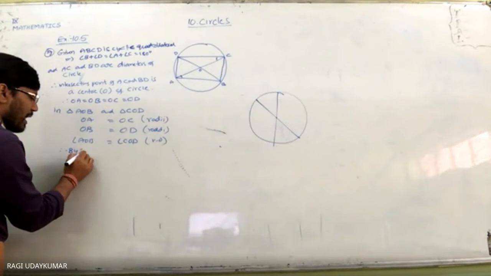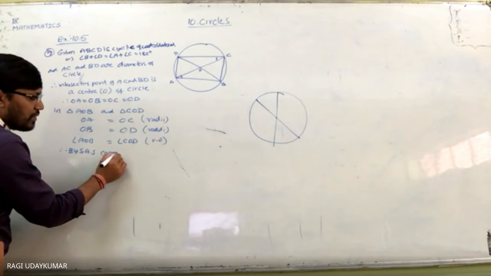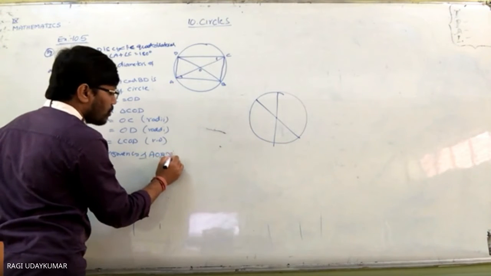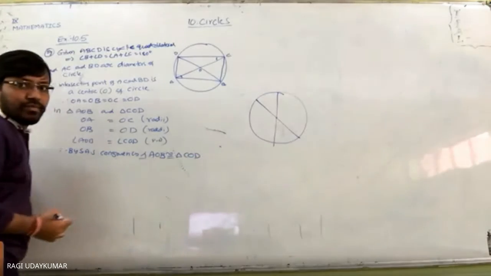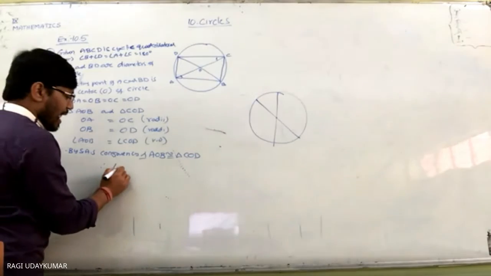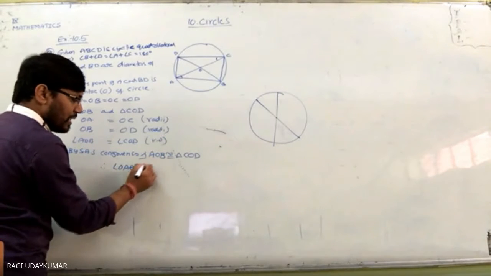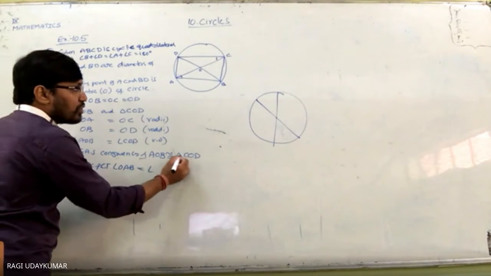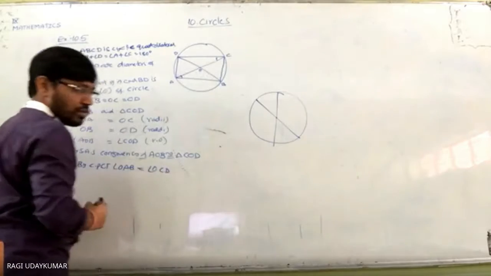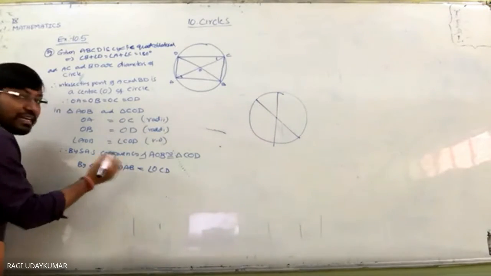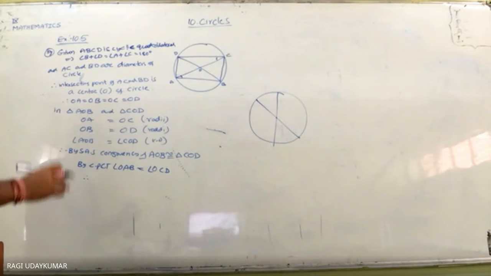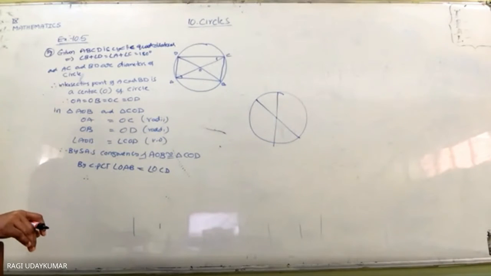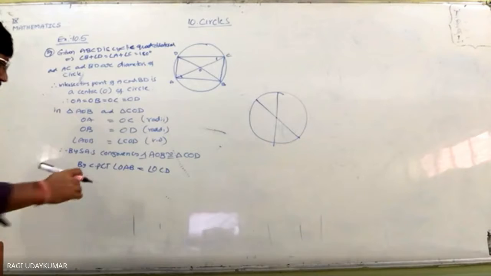Therefore, by SAS congruency, triangle AOB is congruent to triangle COD. Therefore, you can say that angle OAB is equal to angle OCD.